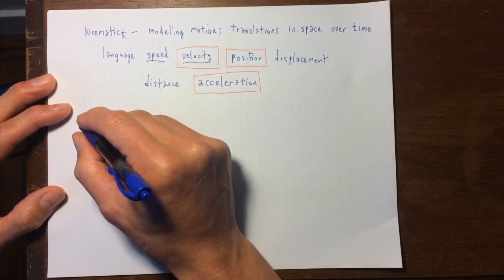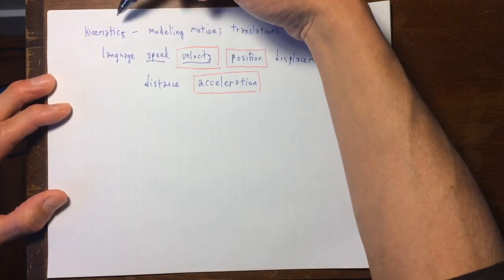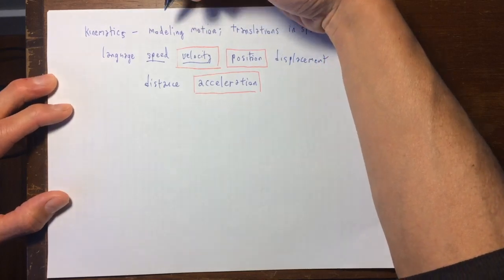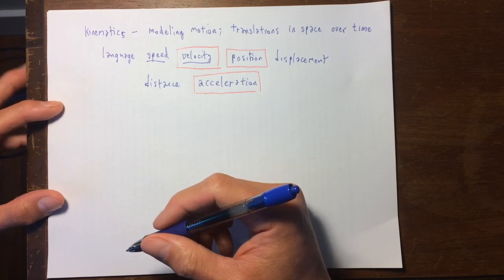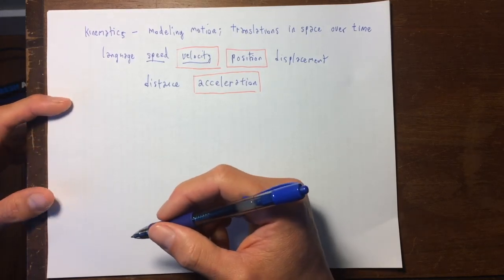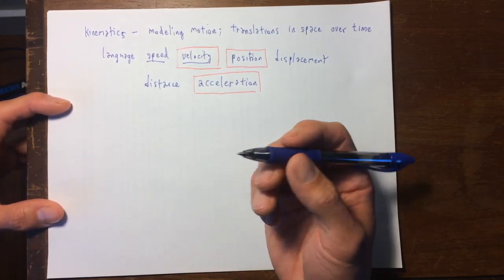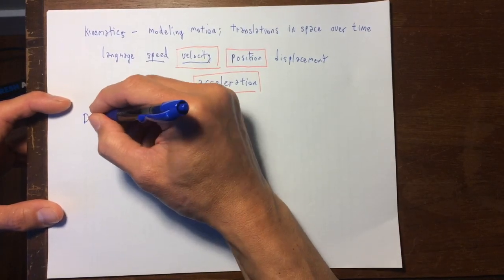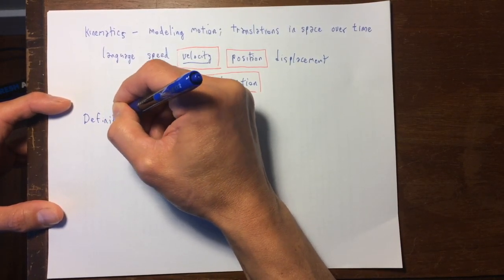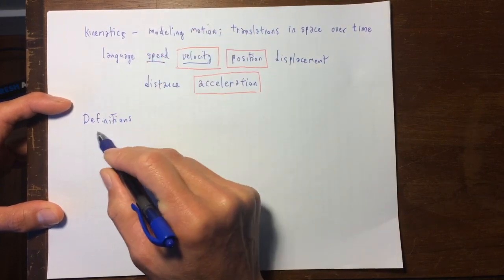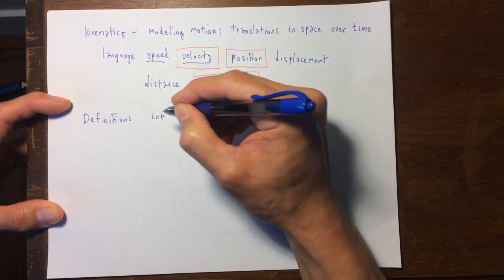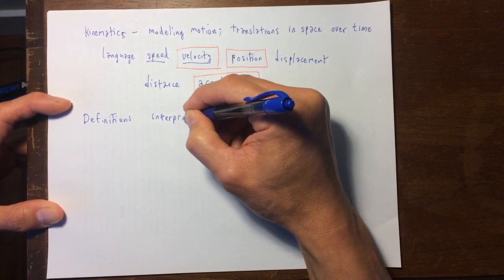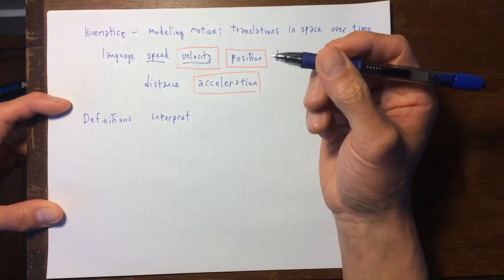Since we're doing physics, and in particular we're going to use some mathematics and model motion, and we want this to be predictive and very useful and very tidy and tight, we have to make definitions. These definitions are going to somewhat be definitions of how to interpret the functions.